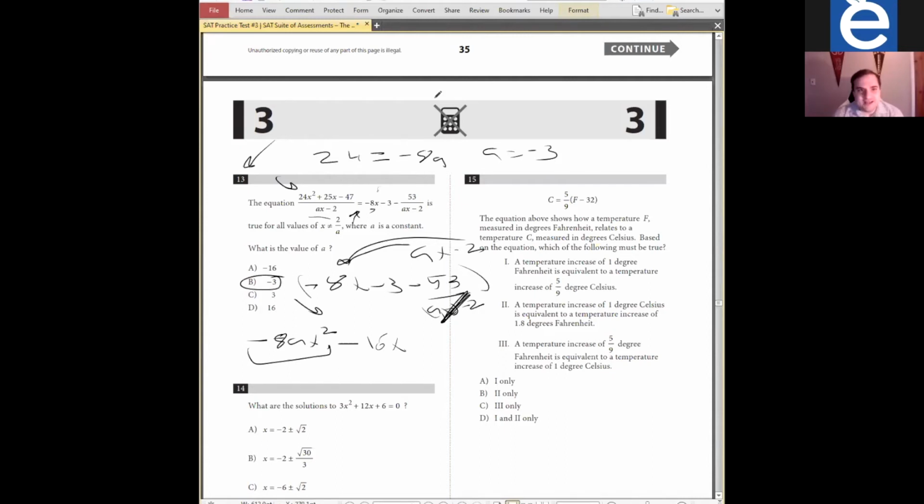Now, that is a question that looks like an absolute nightmare. That is really not that bad if you get what's going on. So, what's the key concept there? If you have two polynomials and they are equal to each other, the coefficients attached to each degree of that polynomial, like x squared, x, whatever, they must be the same.